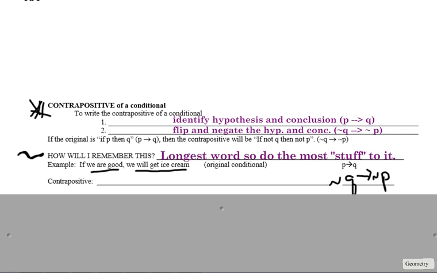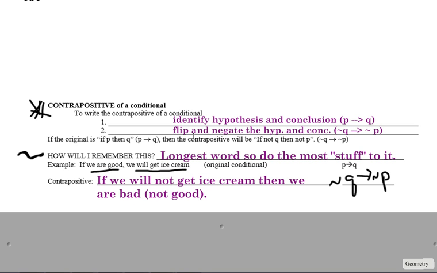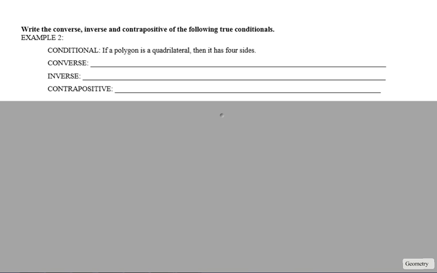So take a second and write down what you would put for the contrapositive of this conditional. And you should have had, if we will not get ice cream, so that's the opposite of getting ice cream, then we are bad or not good. The opposite of good is going to be bad. So we're flipping that hypothesis and conclusion, and we're negating it.